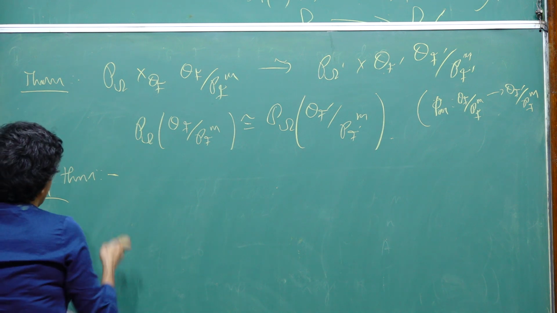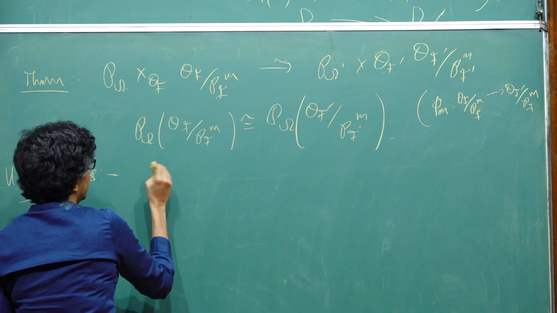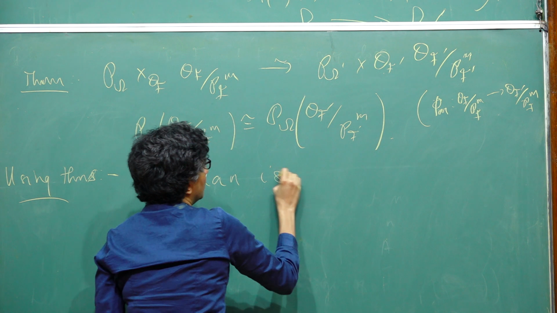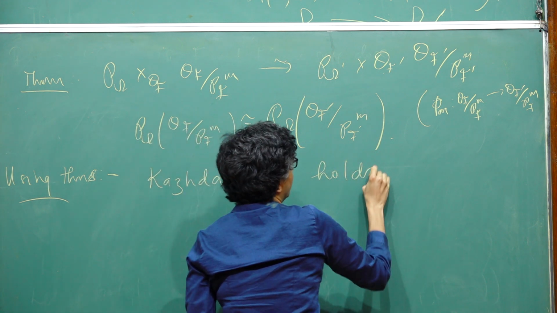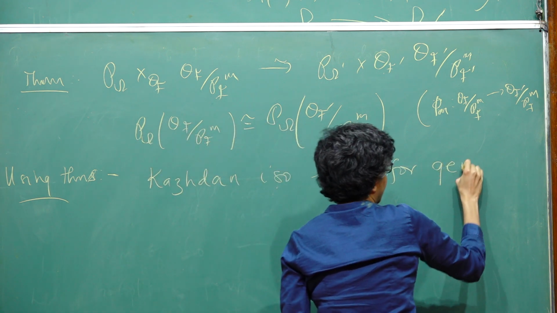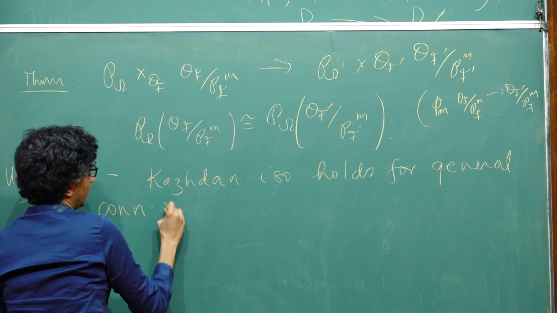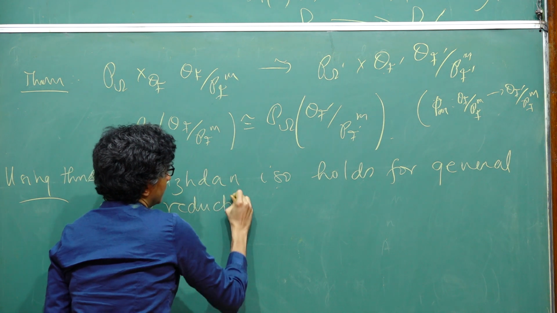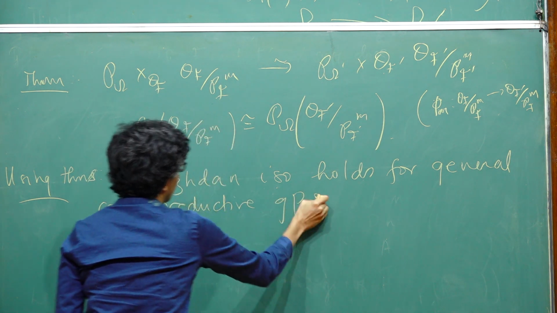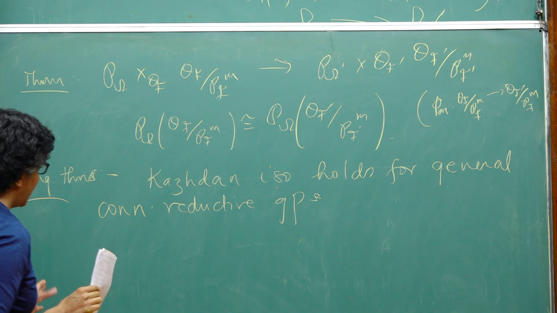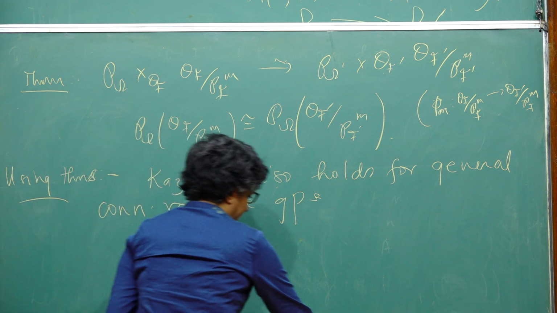And using this, one can show that the Kazhdan isomorphism holds for general connected reductive groups, where G(O) is now replaced by a special maximal parahoric subgroup.